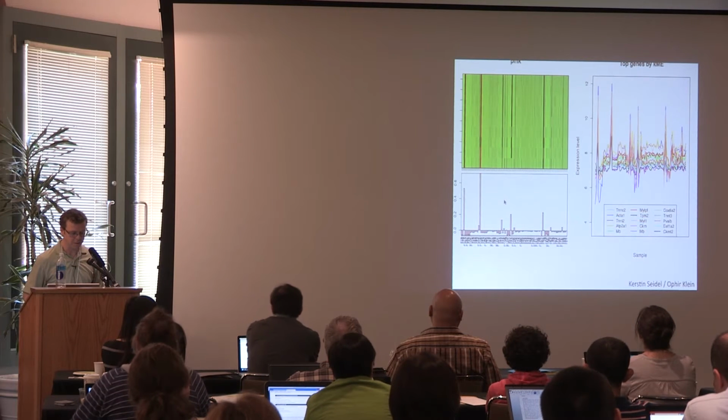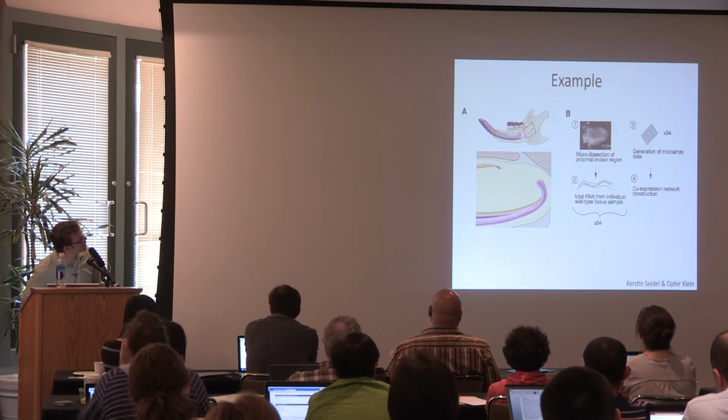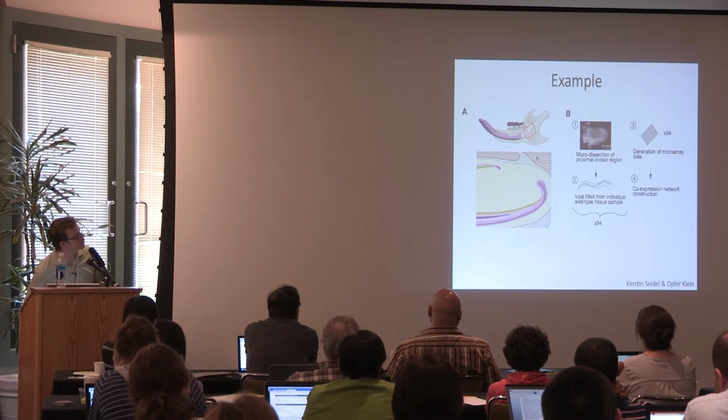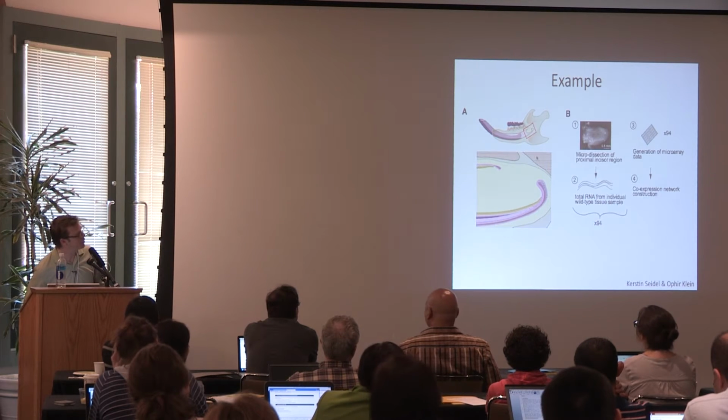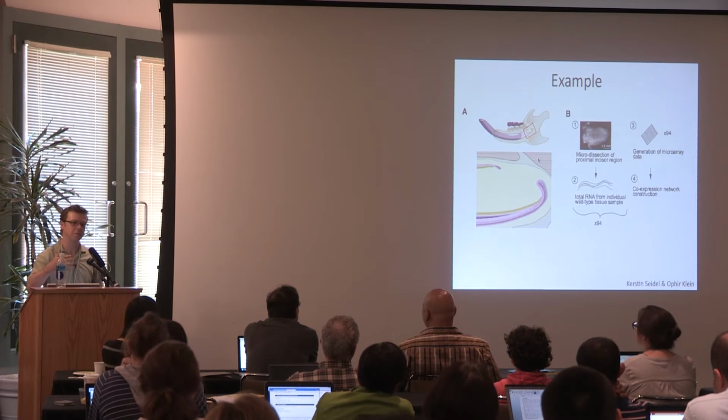So this muscle exists, just to go back a slide, up kind of here, right? And Kirsten, who's very careful, despite her best efforts, inadvertently captured some of this muscle in a handful of her samples, right?